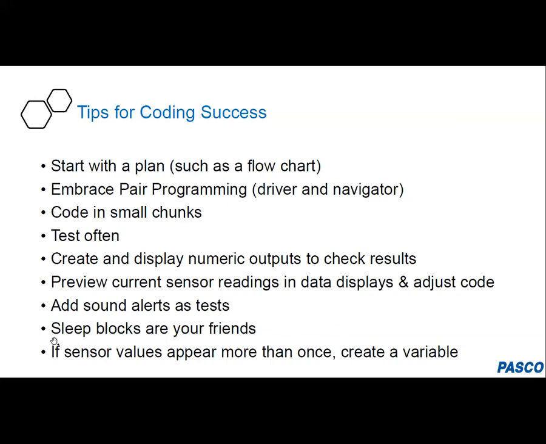Sleep blocks. I can't tell you how many times I got stuck and a sleep block fixed my problem. Sometimes you just need to give the code time to catch up, depending on what the process is. And finally, if you're reading the temperature 4 or 5 times in the code, you're going to want to create a variable for that. And if you go to the free lab activities, that explains how to do that.